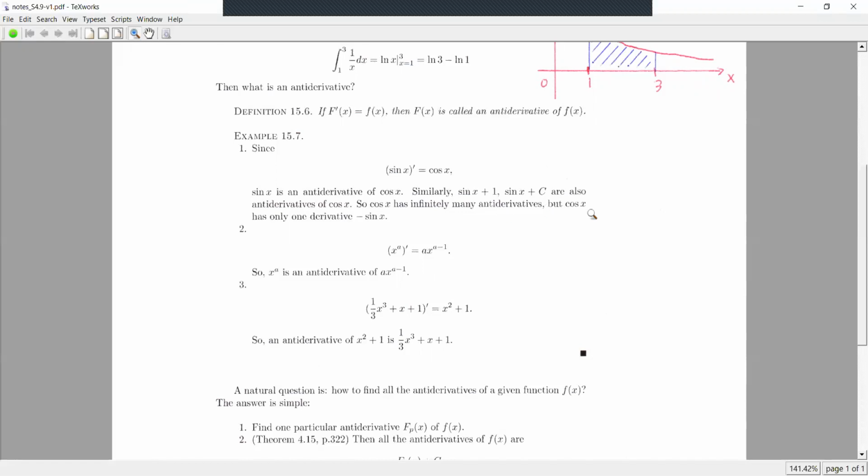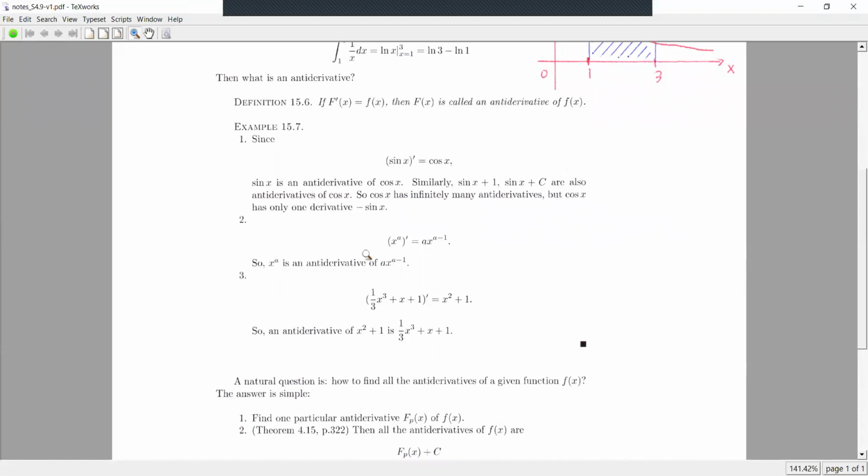However, cosine has only one derivative. The derivative of cosine is negative sine. So from this example, we see that a function can have many antiderivatives, but the function has only one derivative.